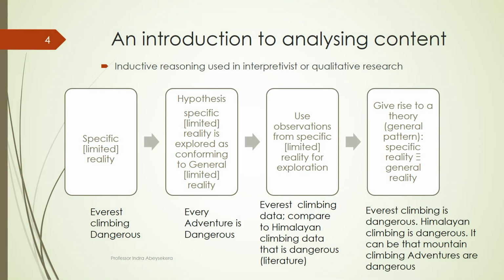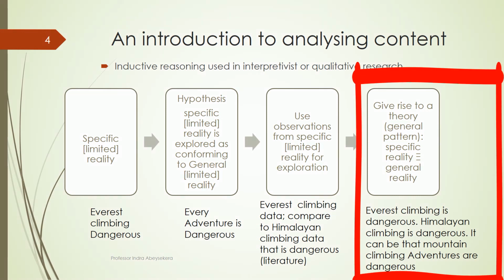The next stage is to give rise to a theory or a general pattern, and then say the specific reality is conforming to or giving rise to a general reality. So if we find Everest climbing is dangerous, then from the literature we found Himalayan climbing is dangerous.